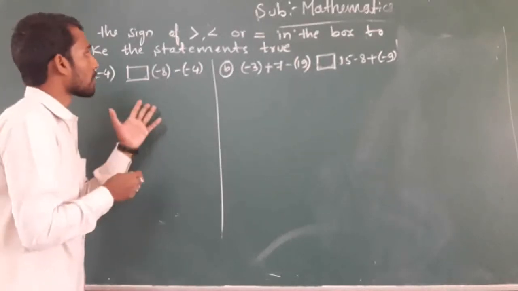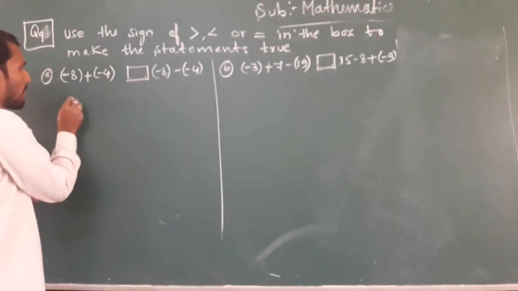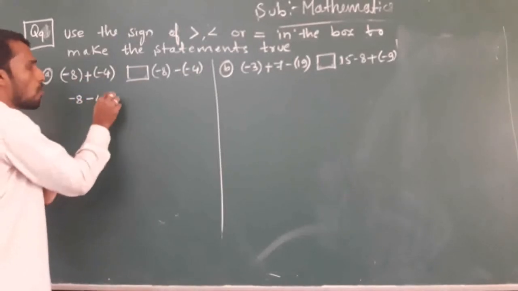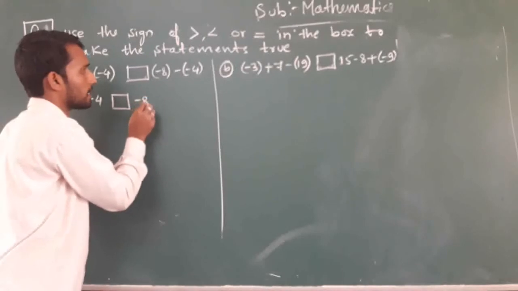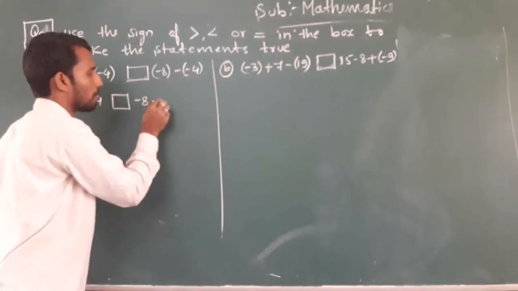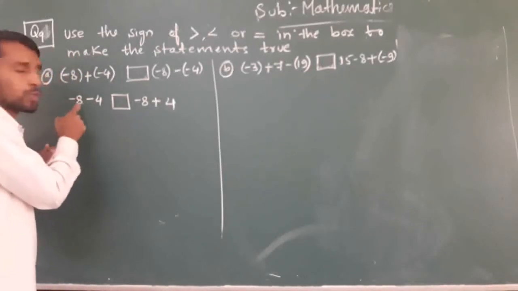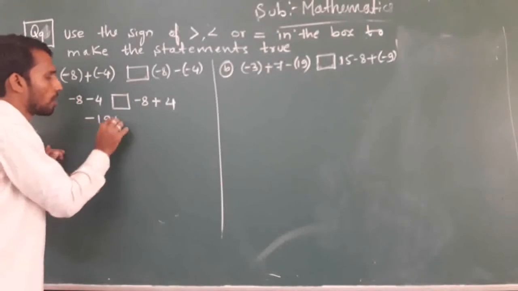Let us simplify: minus 8 plus minus 4, and minus 8, minus into minus becomes plus 4. When we add these two negative integers, we get minus 12.